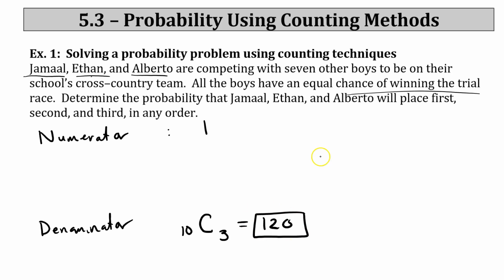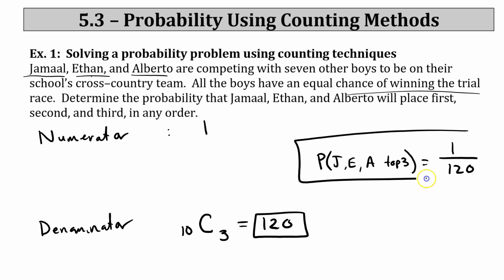So then the probability, and this is how we want to write it, the probability of Jamal, Ethan, and Alberto in the top 3 is 1 chance, because there's one grouping of that when order doesn't matter, out of 120 different groupings. Now remember, it doesn't matter what the order is, so that's why we use combinations. In future problems, we will be considering permutations as well.